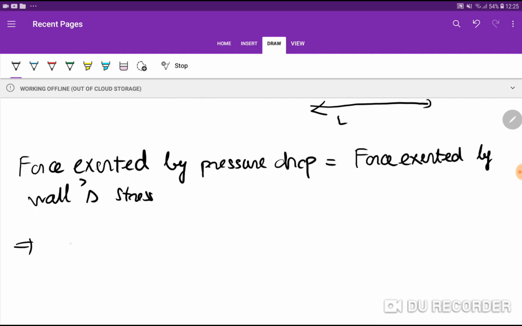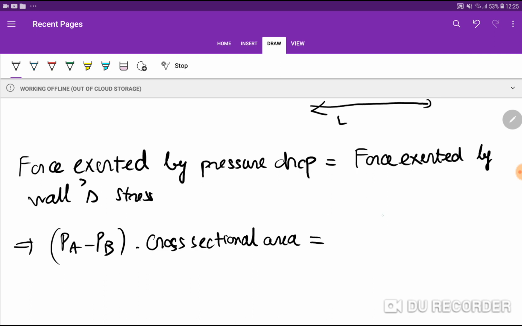You get PA minus PB times cross-sectional area equal to surface area times the average shear stress. In this case, we use average shear stress, I guess because of the unit, because it's per length, so you make sure the unit is correct. But that is my best bet for these problems.